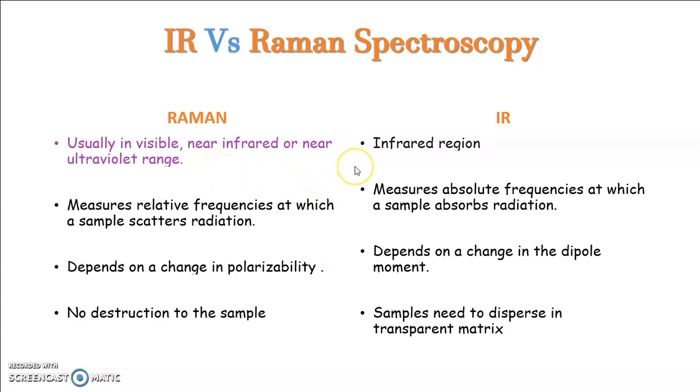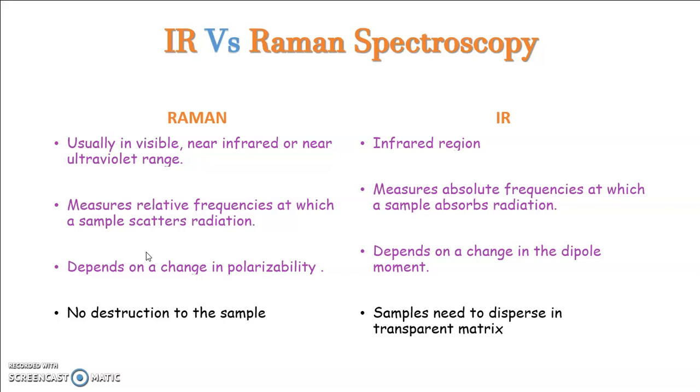IR works in the infrared region. The Raman spectrum measures the relative frequencies at which a sample scatters radiation, but the IR spectrum works by measuring how much light is absorbed by the bonds of a vibrating molecule. Raman spectrum detects the polarizability change of a molecule, while IR detects the dipole moment change of a molecule.